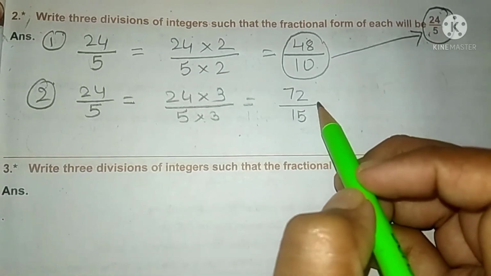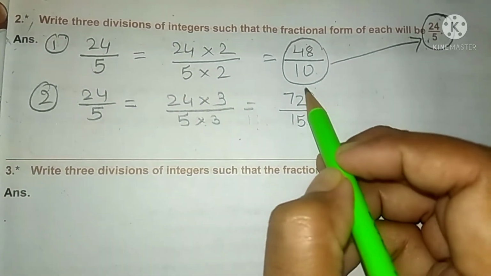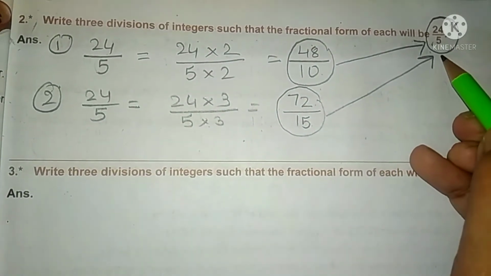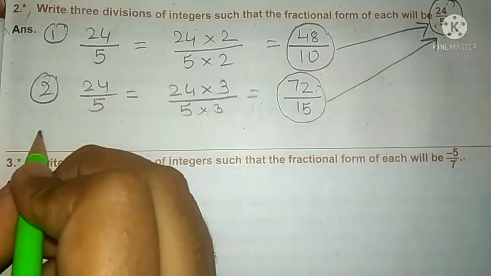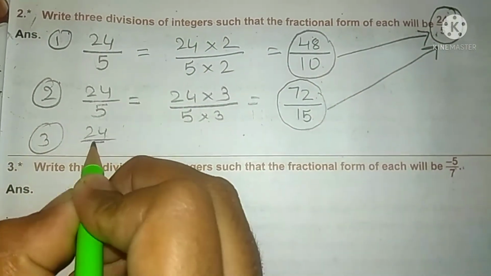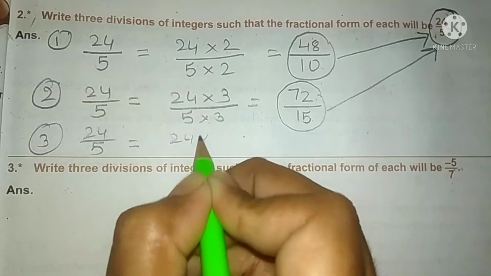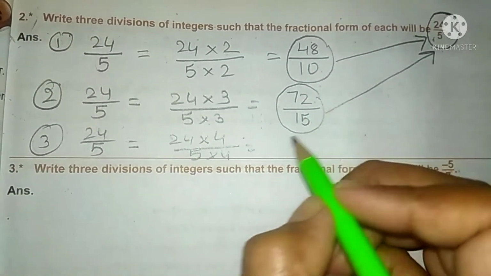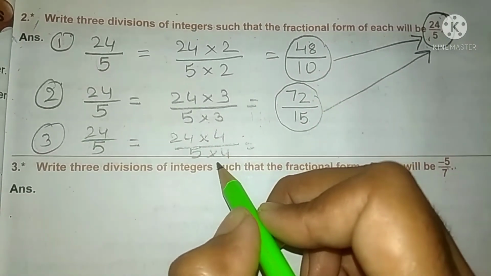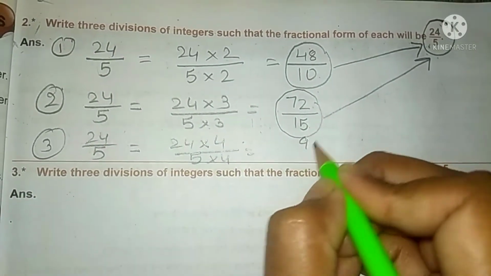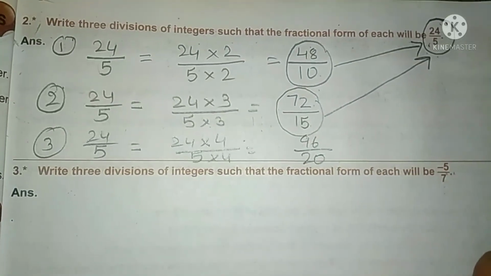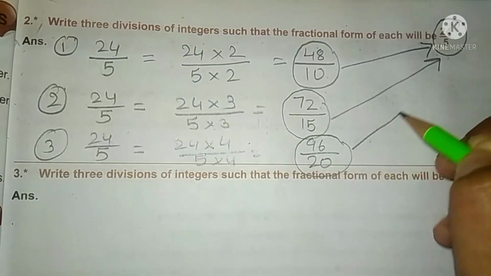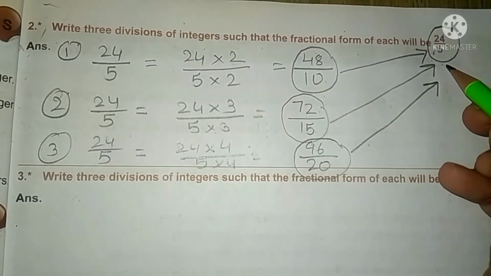If you divide 72 by 15, you will get your answer, 24 upon 5. Clear? Now the third one we will take is 24 multiplied by 4 upon 5 multiplied by 4. After multiplying 24 and 5 by 4, you will get 96 upon 20. Again, if you divide this, you will get your answer, 24 upon 5.